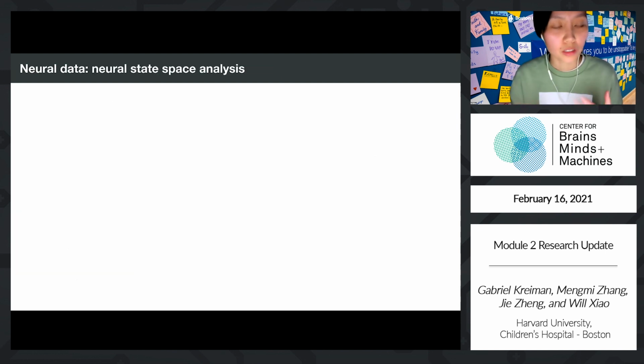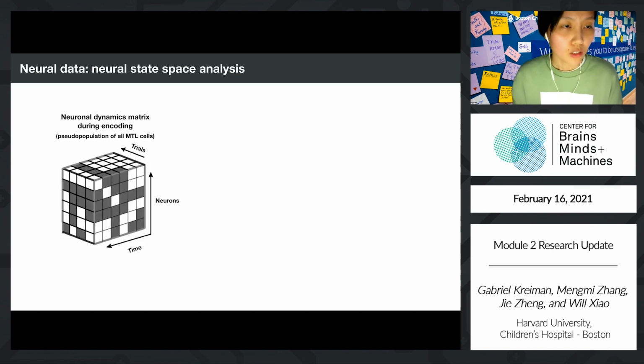So these are the single neuron data responding to the different boundaries. Now we look at the population level, to see whether all the neurons in the medial temporal lobe also respond to the different boundaries. To address this question, we formed a neurodynamics matrix by putting together the spike data from all the neurons we recorded in the medial temporal lobe.